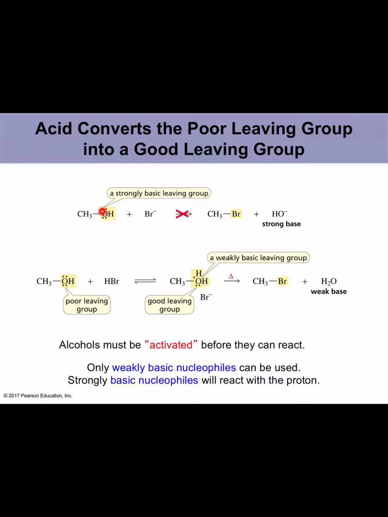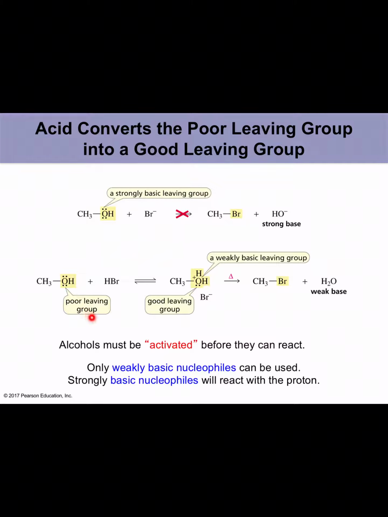So with methyl alcohol, which has a strongly basic leaving group, if you add a nucleophile like Br minus, a reaction will not take place because hydroxide is a strong base. If this reaction happened, since hydroxide is a stronger base compared to bromide, the hydroxide would attack the methyl group again and leave bromide. So this reaction will not take place.